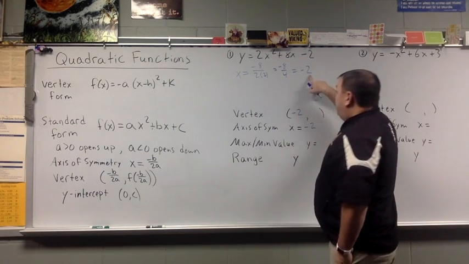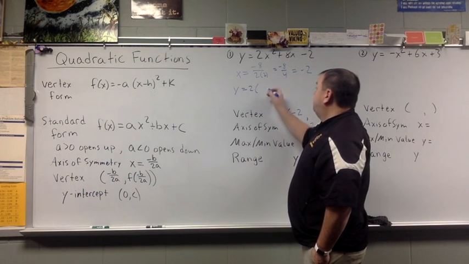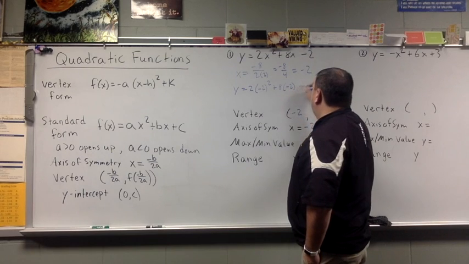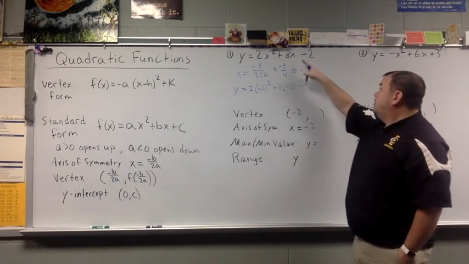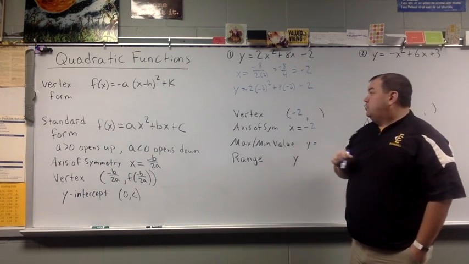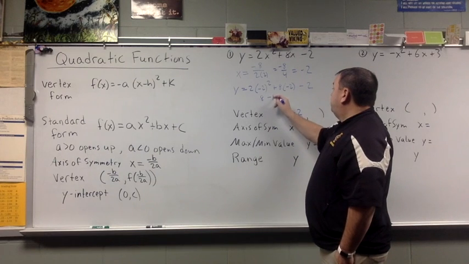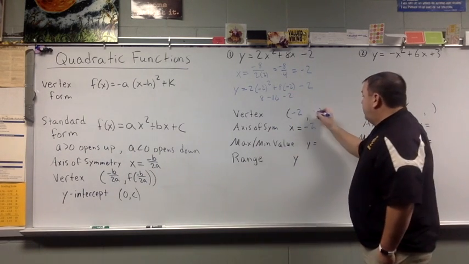Now if I take this negative 2 and plug it back in, y is equal to 2 times x squared plus 8 times x minus 2. I'm just plugging my x answer back into the original function. So here I have 8 minus 16 minus 2. So I get a negative 10.